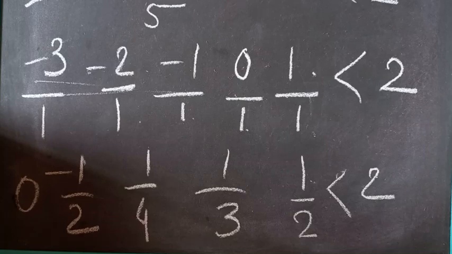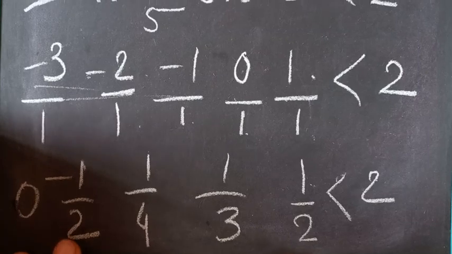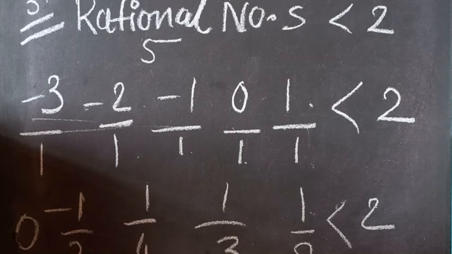So this is question number 3. You can see the answers of these questions in the answers section, where you will also find the answers of other questions. So this is question number 2 and question number 3.